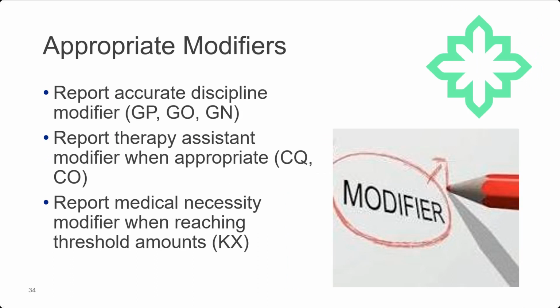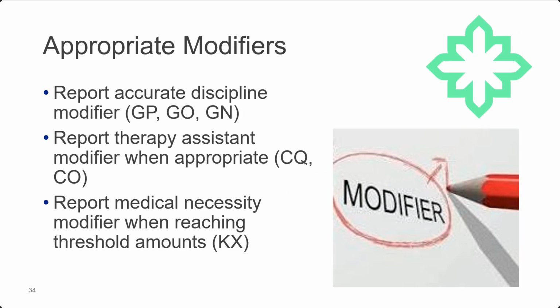Appropriate modifiers. Ensure that you're reporting accurate discipline modifiers. So the GP for PT, GO for OT, and GN for SLP, as well as any therapy assistant modifiers for those services that are rendered in full or part by the PTA or OTA.